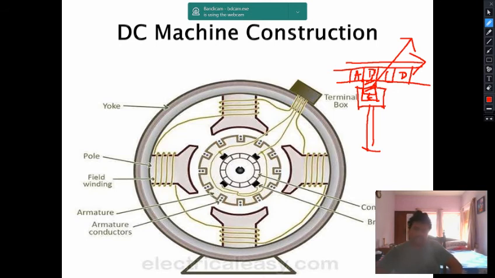Unless these brushes are made of very good lubricating material, there will be severe wear and tear between the commutator and brush segments due to this very high frictional force.